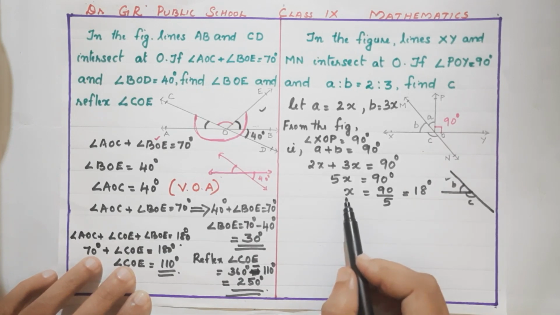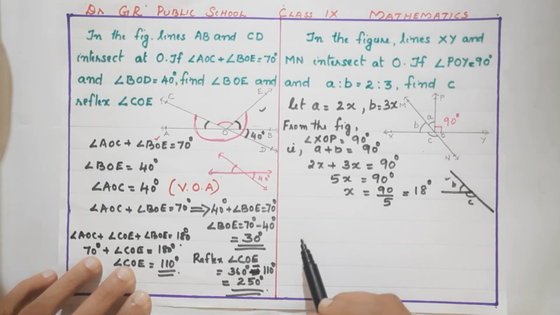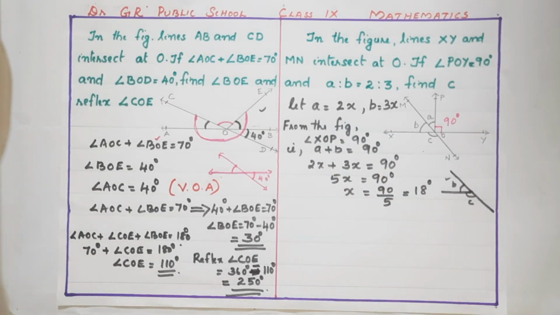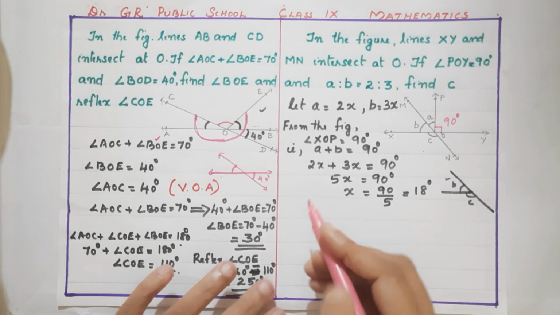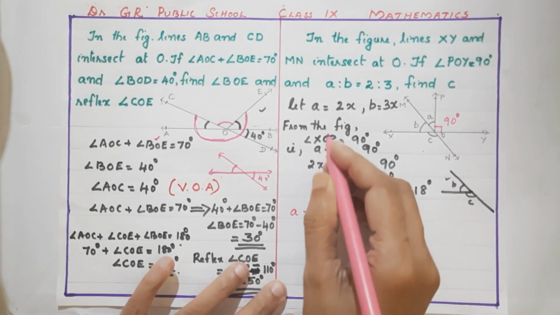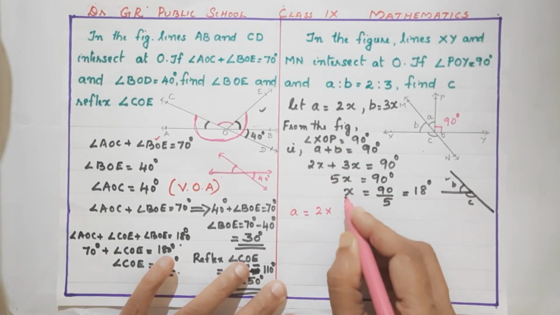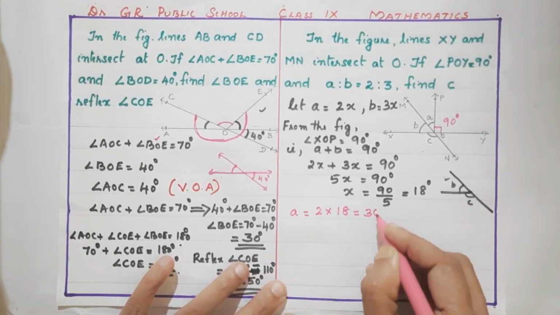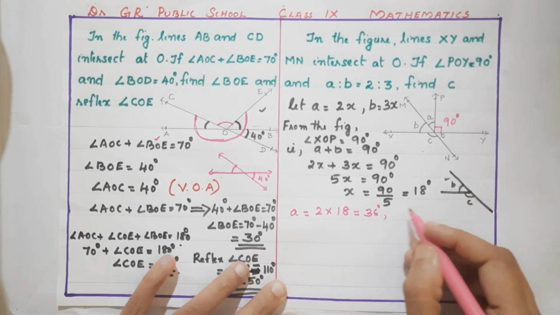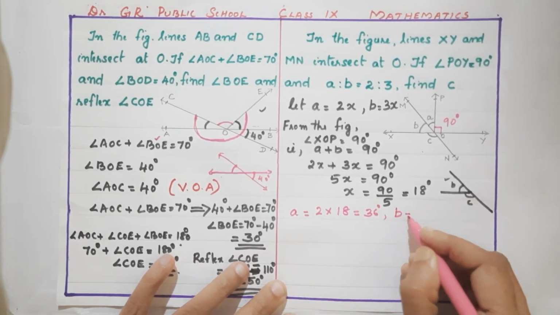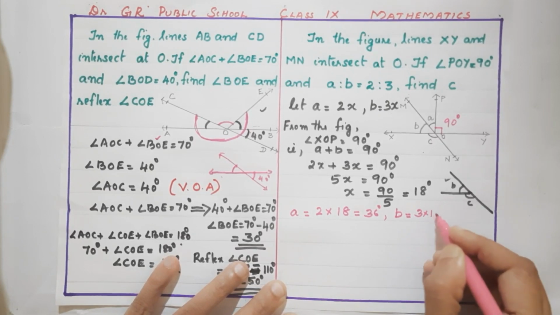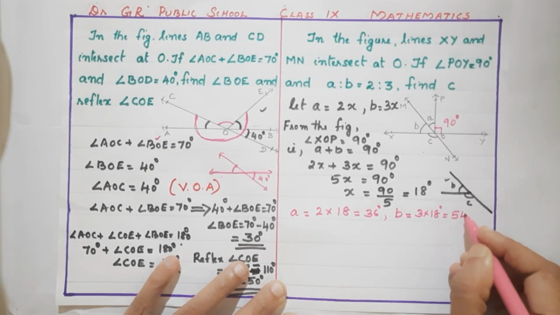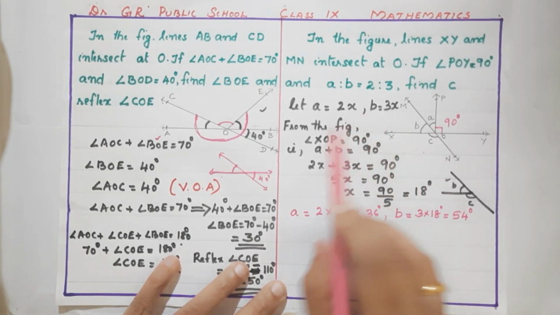So we got the value of x as 18 degrees. Now A is equal to 2x, that is 2 into 18, which is 36 degrees. B is equal to 3 into 18, that is 54 degrees. So we got A and B.